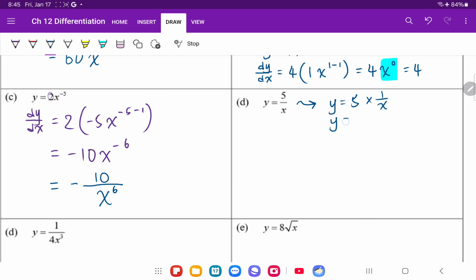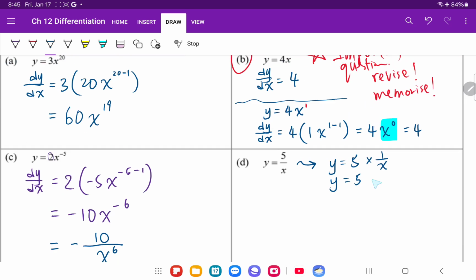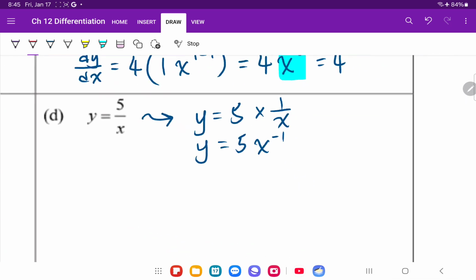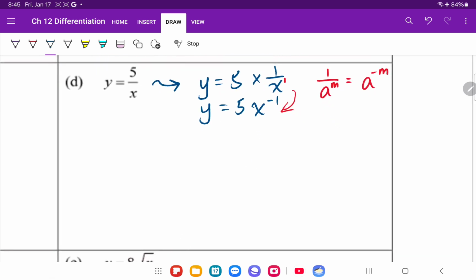But we know that 1 over x is the same as x power negative 1. There is actually an invisible 1 here. So if I convert using 1 over a power m, convert to a power negative m, this is how the conversion works for indices. Now once that is done, I can begin the differentiation.